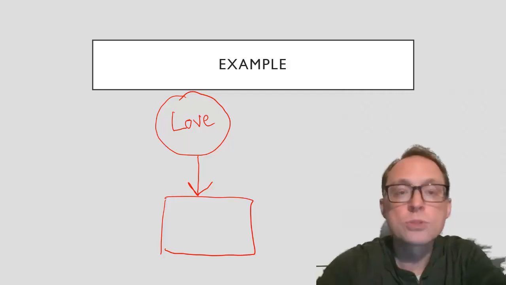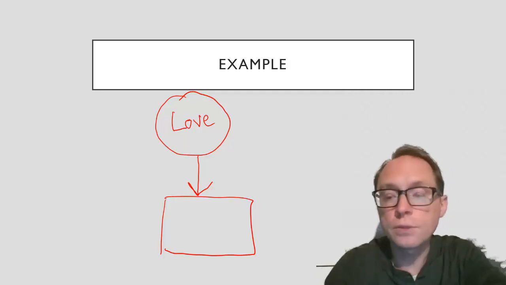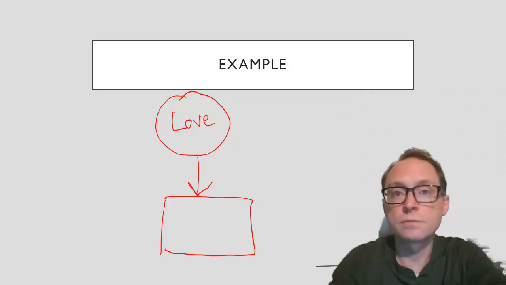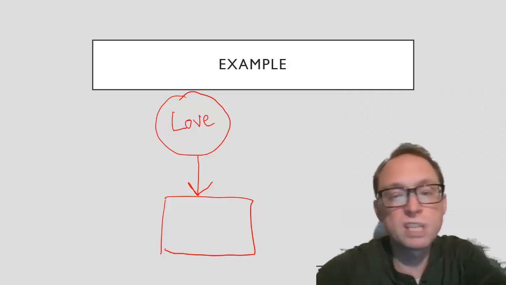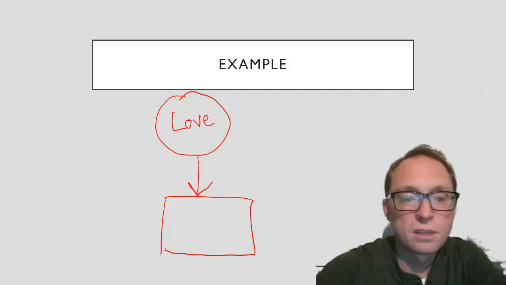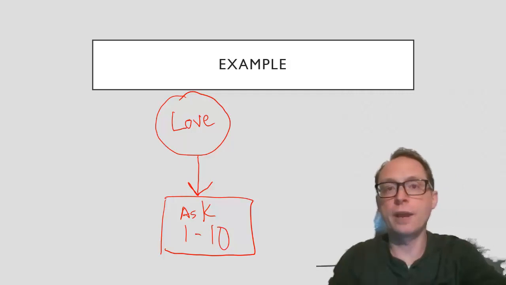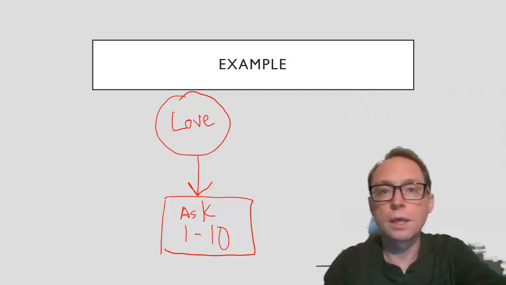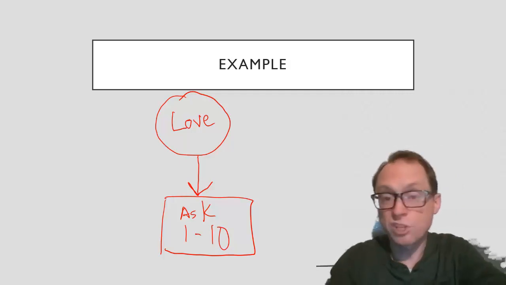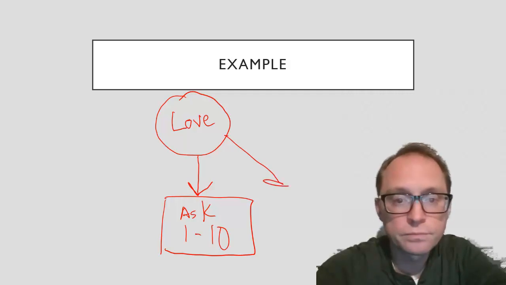All right? So how do you measure love? Well, there's several different ways that you can measure love. So for example, let's say that I could just ask, on a scale from 1 to 10, how much love do you have? 10 being the most and 1 being the least. There's other ways that I could measure love.